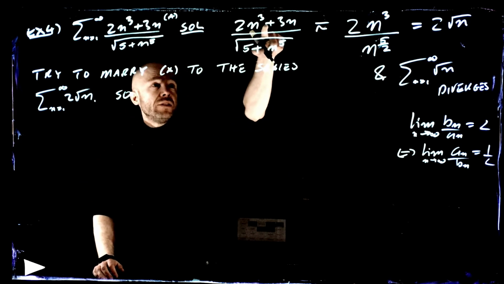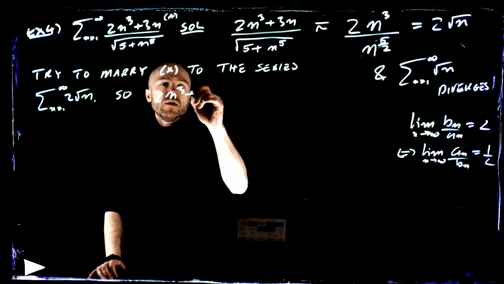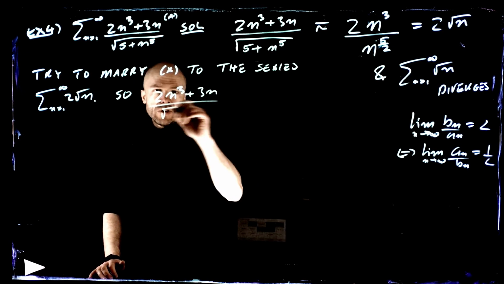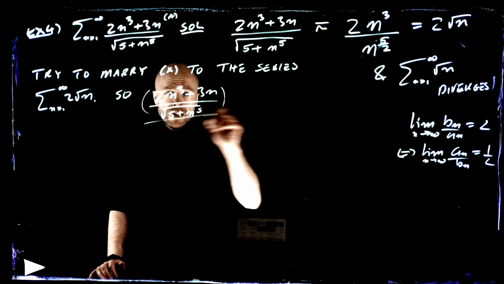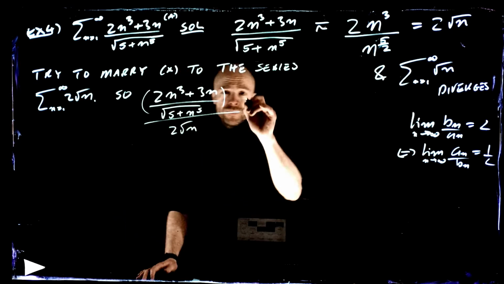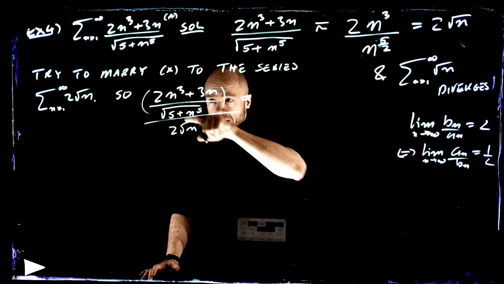Let's divide this thing by the beautiful series. So let's take 2 to the n plus 3 to the n, and then 5, n to the 5, and divide it by 2 square root of n. Let's factor out an n to the 5 from the denominator of the top term.